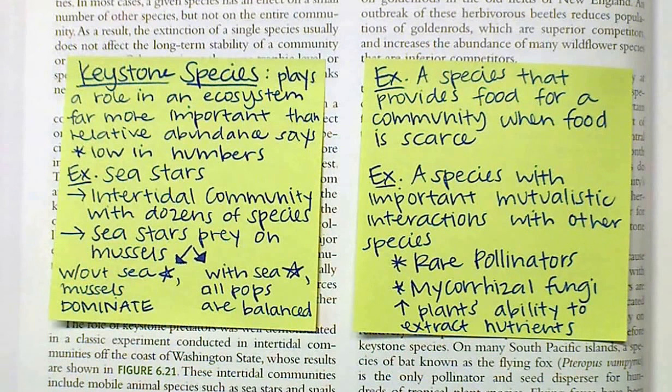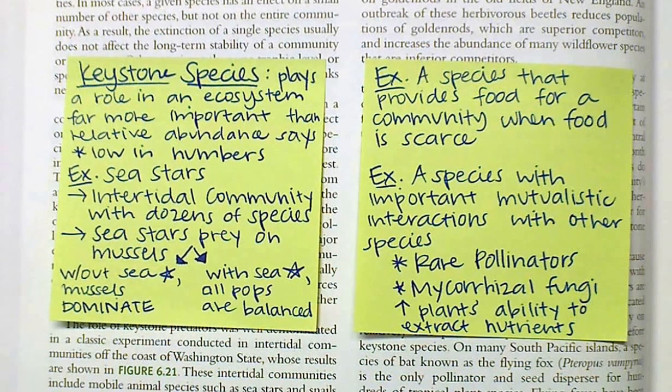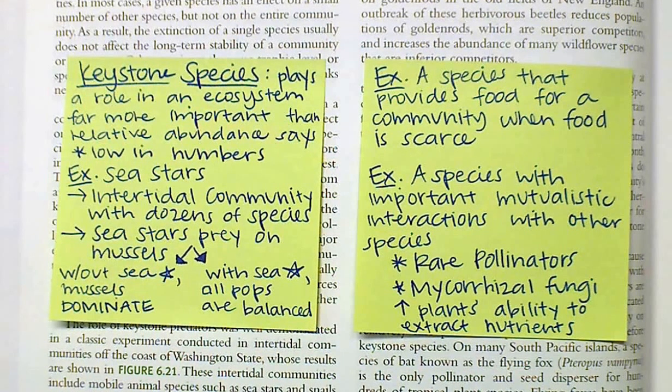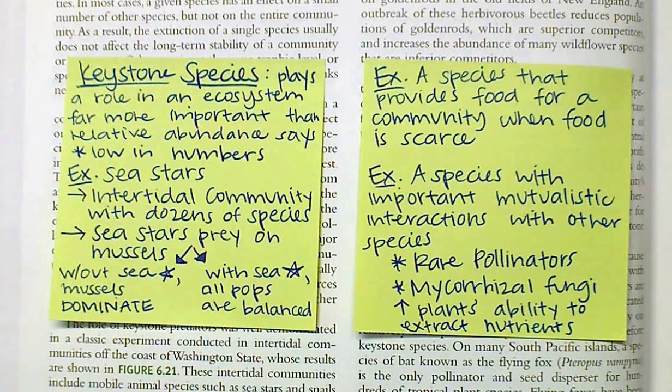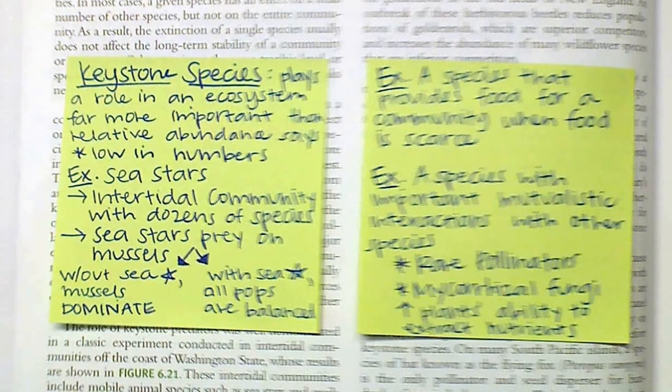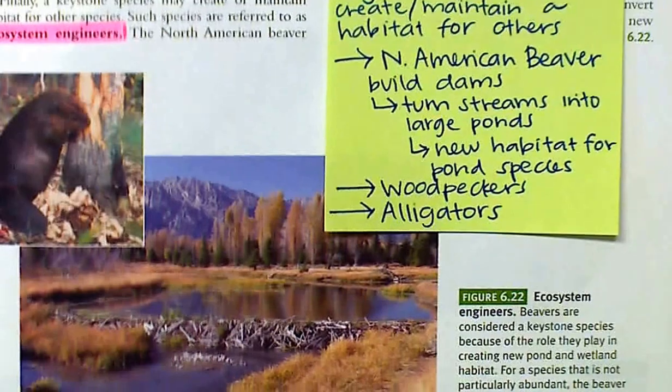For example, rare pollinators, and mycorrhizal fungi, which live on plants' roots and increase the plant's ability to extract nutrients. Okay, so anything that has a mutualistic relationship is probably going to be a pretty keystone species in the community.